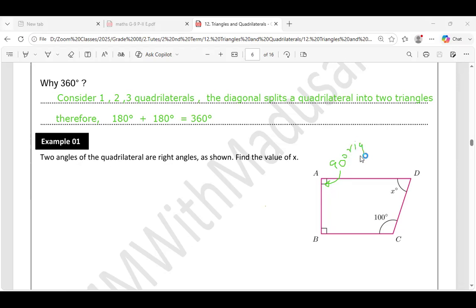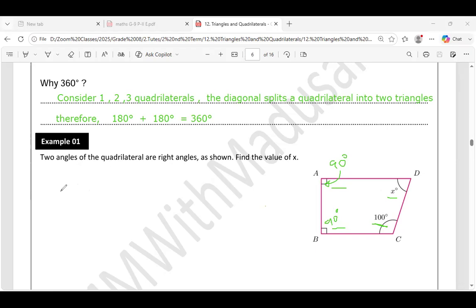I want you to be familiar with those words, but you need to be cautious about them. Right angle. So you know this is 90 degrees, and this is 90 degrees as well. And this is 100 degrees. 90, 90, 100. You have to find x. Keep x in front of the equation so that it will be very easy to find the unknown term.